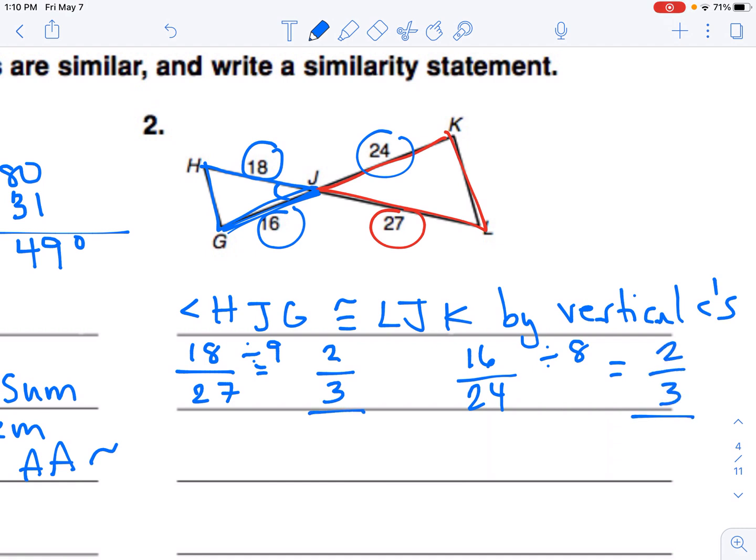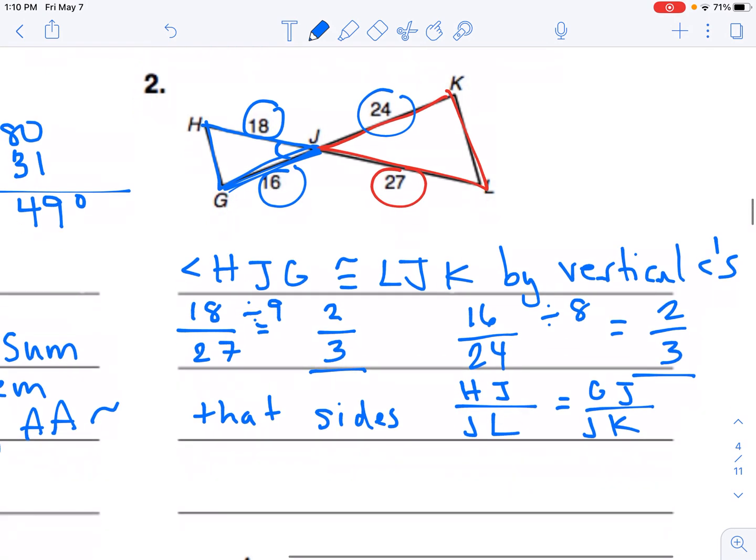Since these are the same ratio, we can say that sides HJ over JL is equal to GJ over JK. So the sides are proportional.